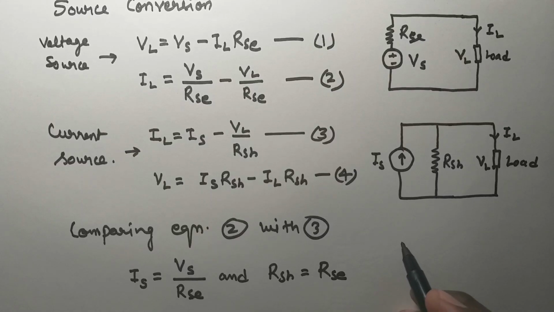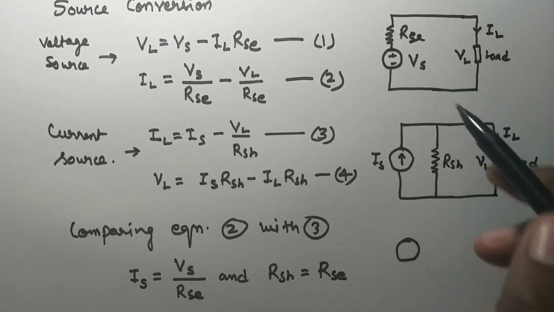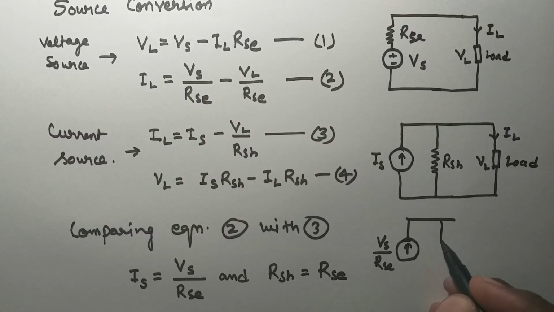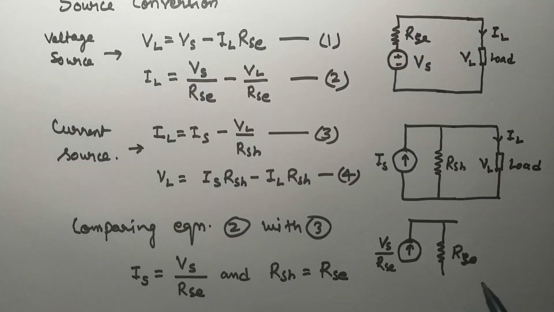So we can draw the equivalent current source for this voltage source. This is the current source, value will be Vs upon Rse, and parallel resistance will be equal to Rse.